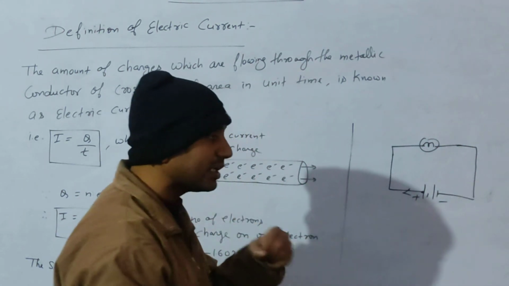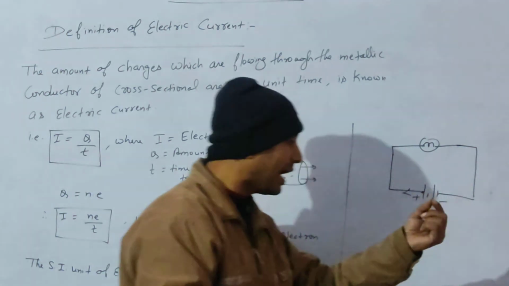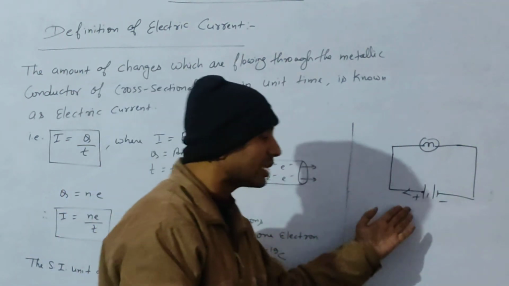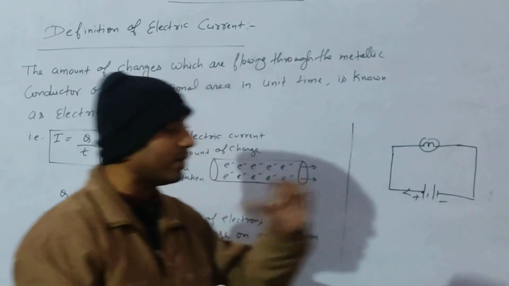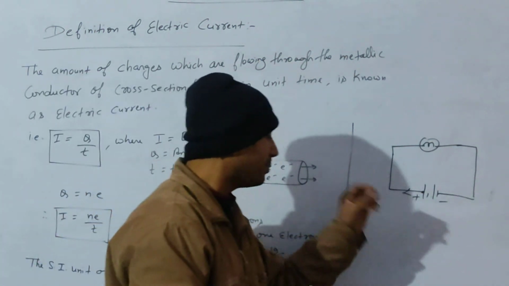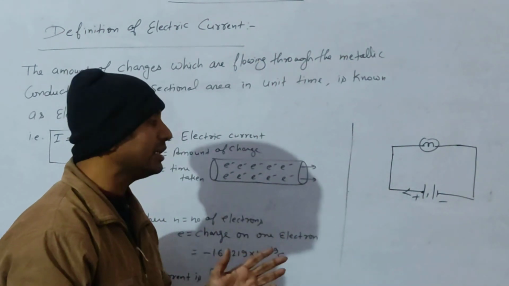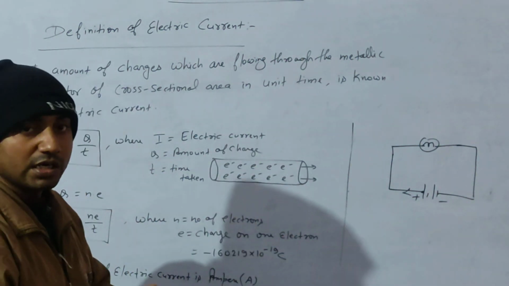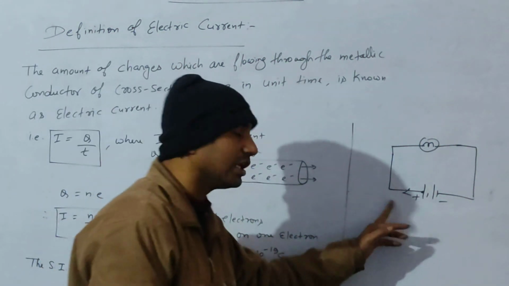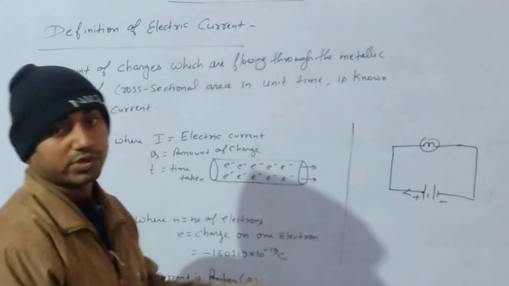So the direction of electric current is forward, but the direction of the electrons is backward. We must always keep in mind that the direction of electric current is always opposite to the direction of the flow of electrons. That's all. Okay, thank you so much.